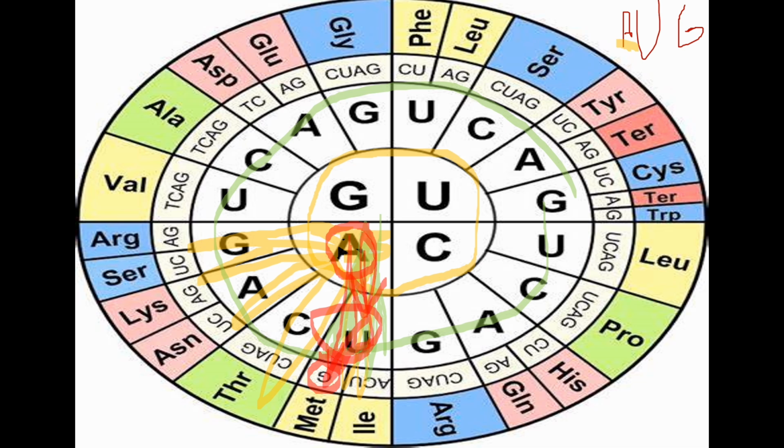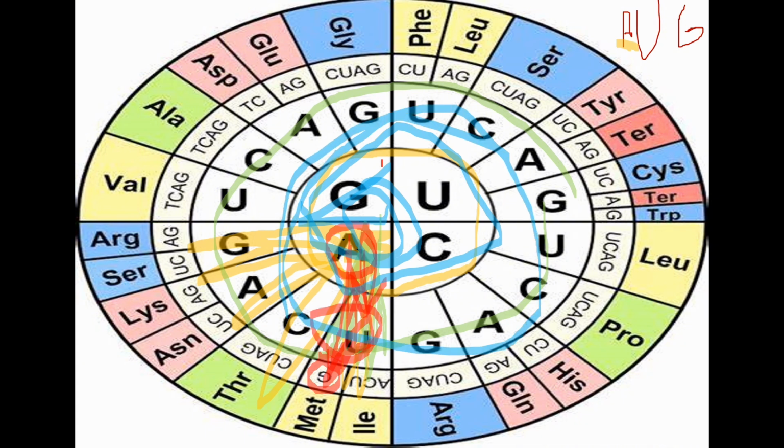So the first circle is the first letter. I'll just get the blue. So this is the first circle, it means the first letter. And the second circle here is the second letter. And the third circle here is the third letter.